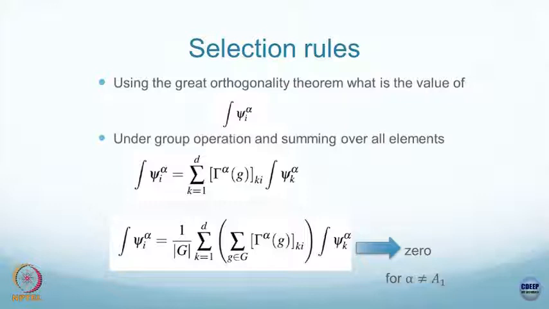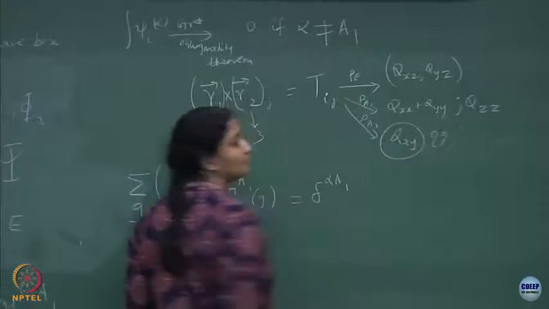Is that clear? So, what have I proved? I wanted to find what is psi I alpha, and I proved using the great orthogonality theorem, it is 0 if alpha is not equal to A1.